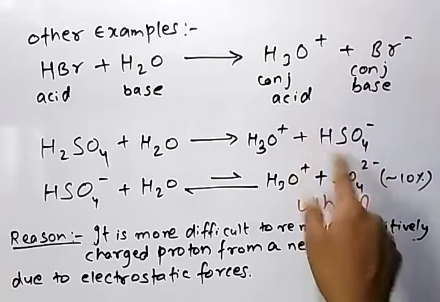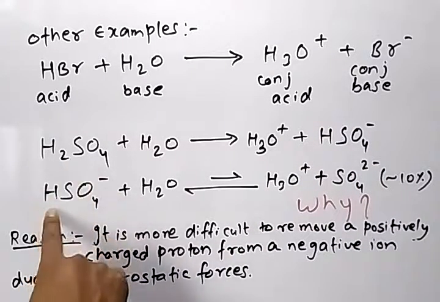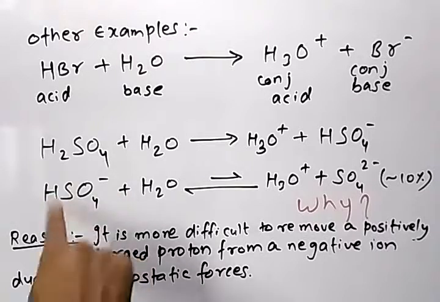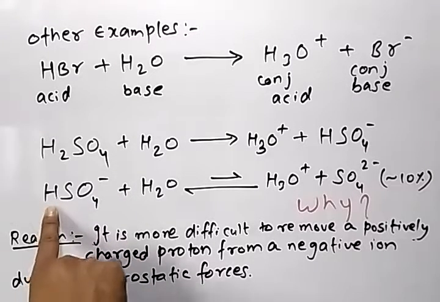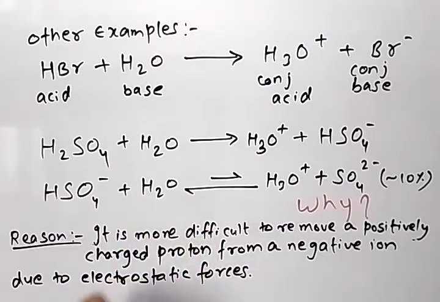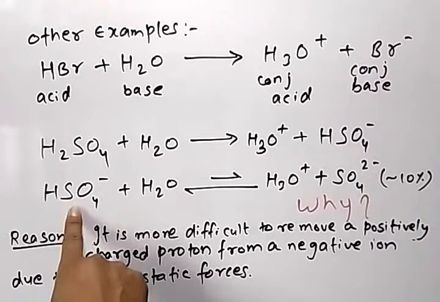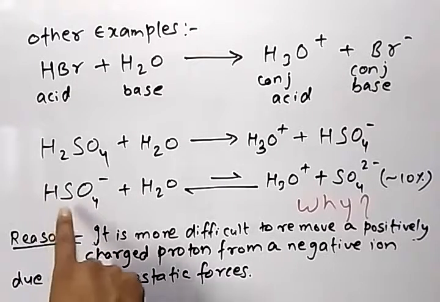But now this is a negative ion. So the second time we are removing a proton from a negative ion. Now this proton is positively charged, so due to the electrostatic attraction between H plus and SO4 minus, it would be difficult to remove that proton. So this is the reason.